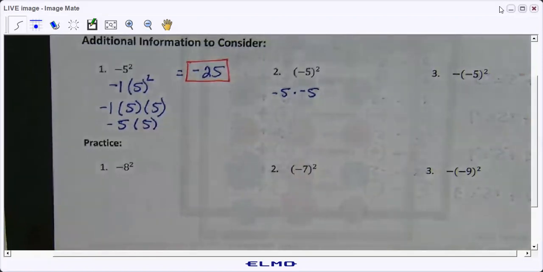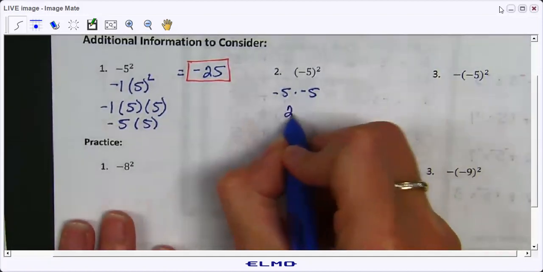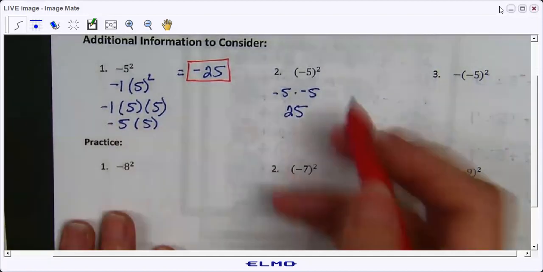Because the negative is not within a parenthesis. It's actually a separate value. It's a negative value times a positive squared. Okay, it's different. It is different and it takes getting used to. So this answer would be a positive 25 because a negative times a negative is a positive.